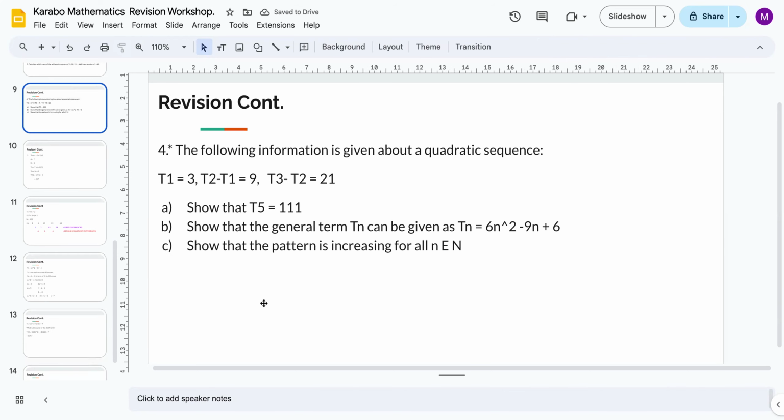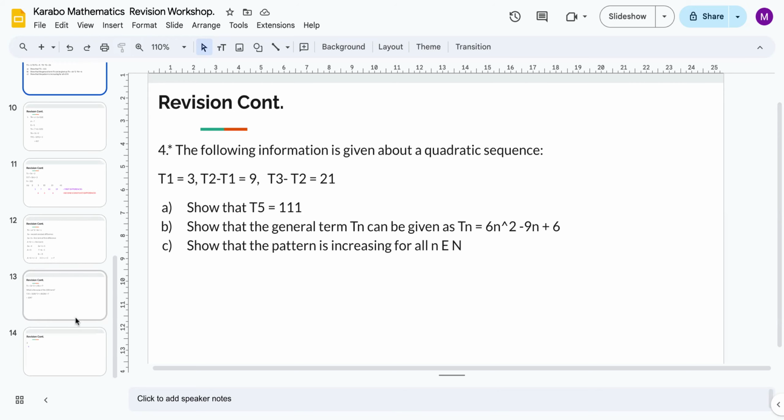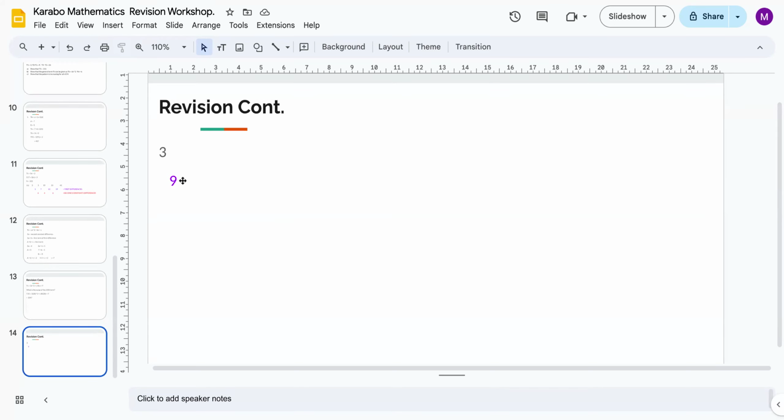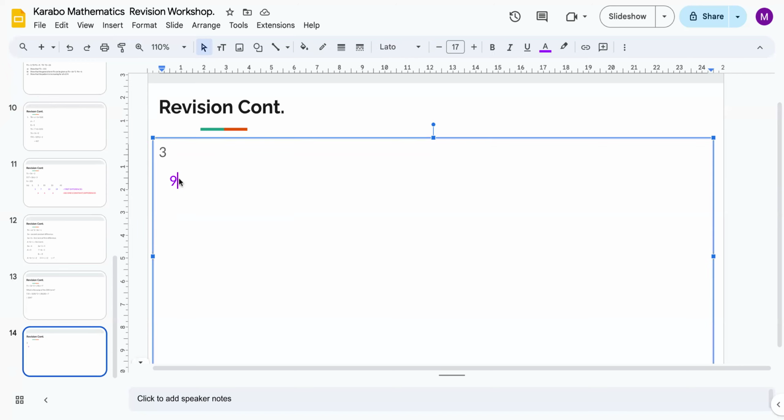Then the final piece of information they give me is that the difference between the second and the third term is 21. So I know that whatever follows this 9 is 21. Now, because the difference between the first and the second term is 9, to derive the second term, I can simply add 9 to 3.